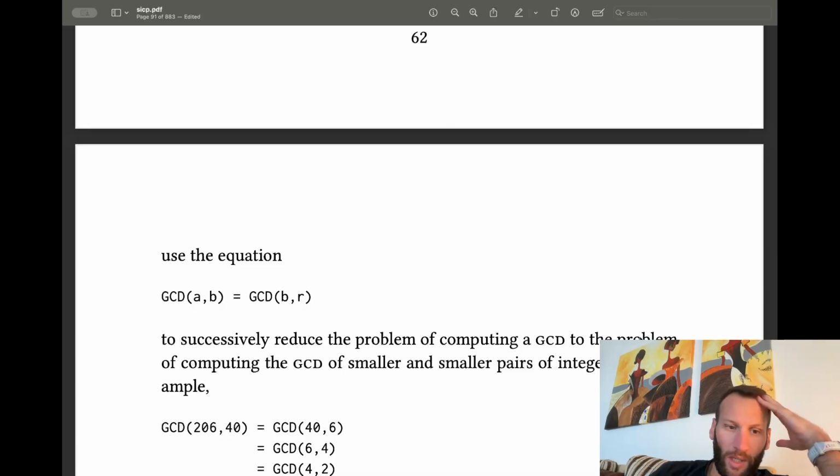To successively reduce the problem of computing a GCD to the problem of computing the GCD of smaller and smaller pairs of integers.